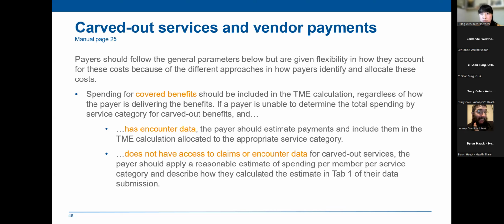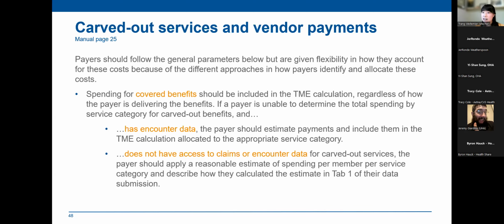You do have some flexibility in how you report those to us, but in general, if the service is a covered benefit, you should report the spending to us in the file. And depending on your visibility into the data, you could estimate the spending using encounter data if you have it.